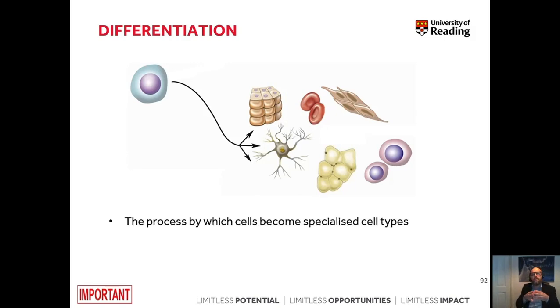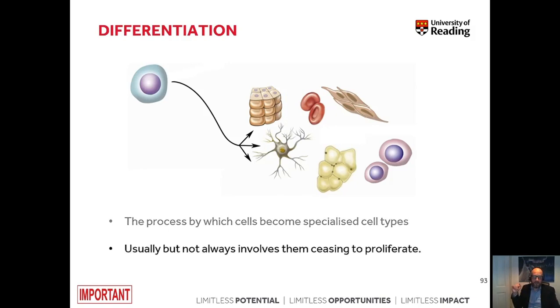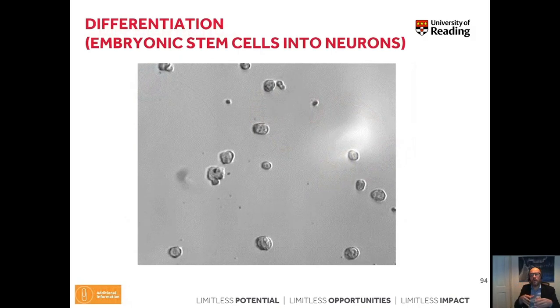So, differentiation is the process by which stem cells become specialized cell types. Usually, but not always, this process involves them ceasing to proliferate. And what I would like to show you now is differentiation of embryonic stem cells into nerve cells in a dish.